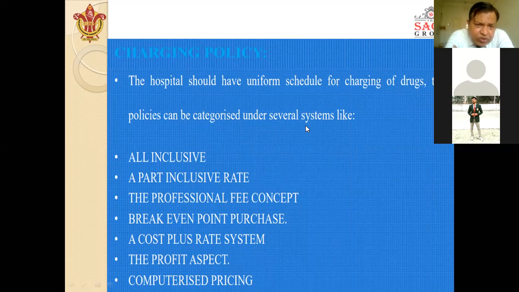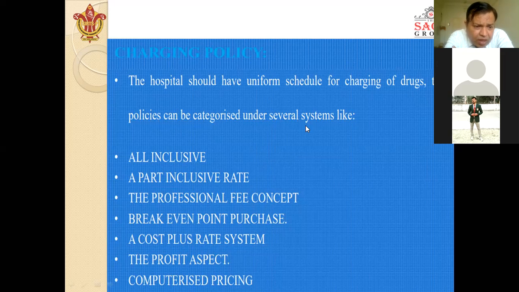Your treatment is inclusive, and all medicine charges are also inclusive in your treatment. That is, a lump sum bill will come at the time of your discharge. Next is a part inclusive rate. Another is where part of the portion is inclusive and part you have to pay on taking medicine on prescription.